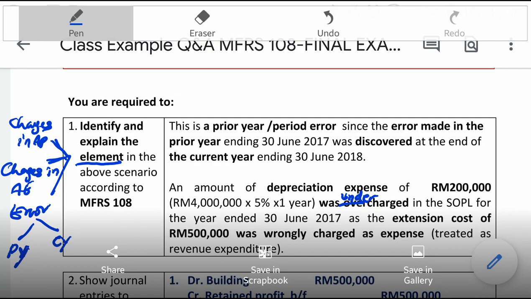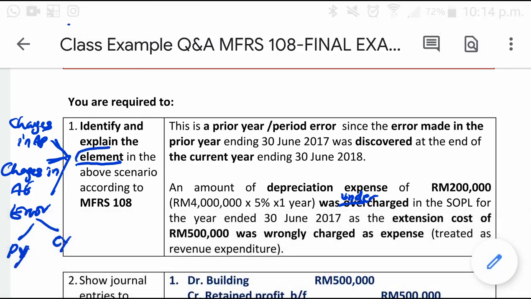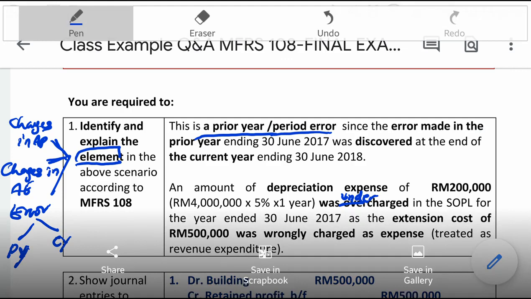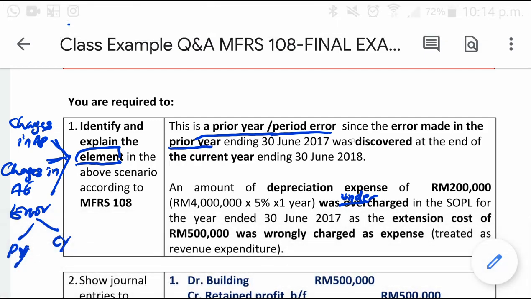So when you are asked to explain the element, you need to know that the element is a prior year error or prior period error. So therefore, what is the error? The error here is that the error made in the prior year, the one ending 30th of June 2017, was discovered.